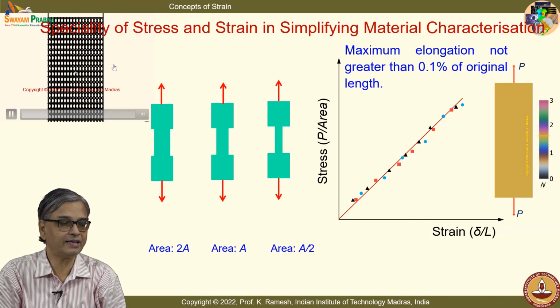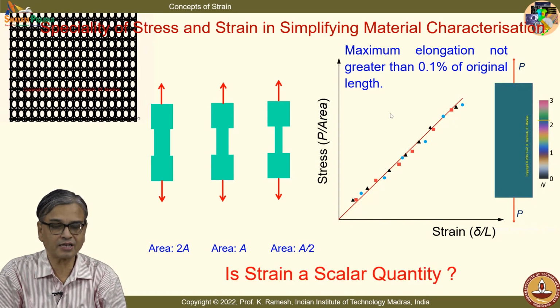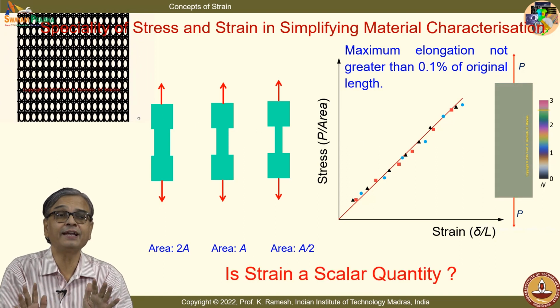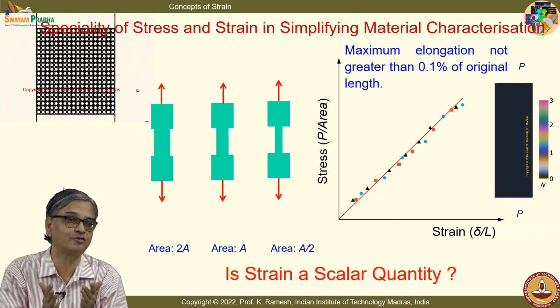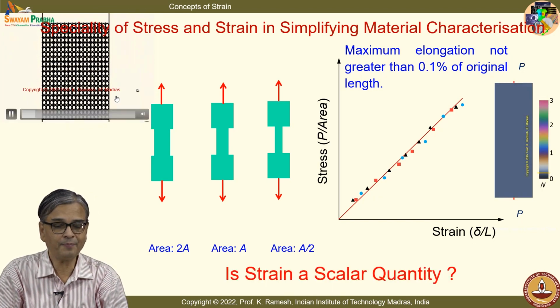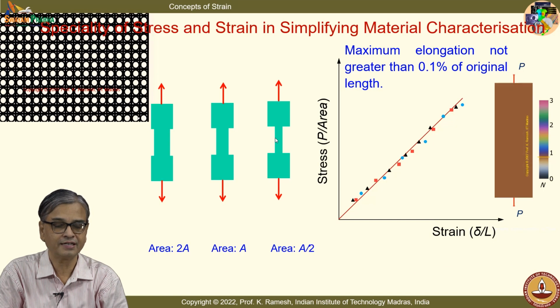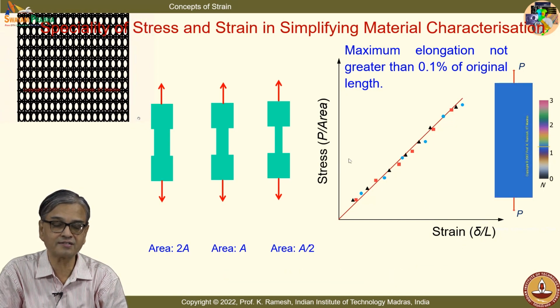So what I have here is a contraction which is exaggerated. I have put circles on this, which is magnified many times, because for us to visualize and develop the concepts, we have to magnify it. There is no other go. And while developing the concepts of stress, we also saw that we have taken different cross sections, and if you plot a quantity strain versus stress, you get only one graph.